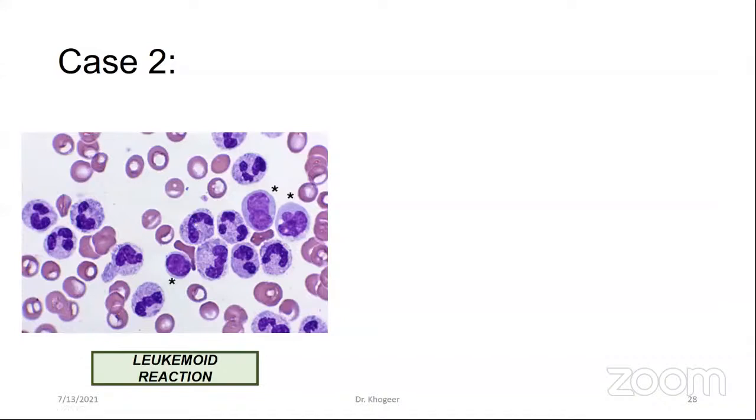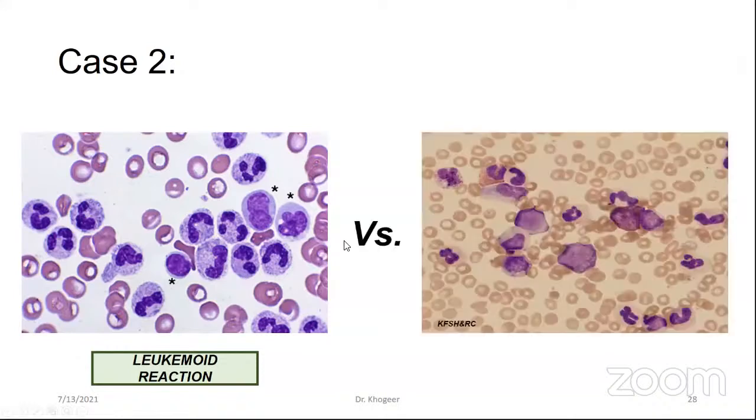Infection, trauma like burns, underlying cancer, especially when it shows a paraneoplastic reaction, and drugs like G-CSF may cause a leukemoid reaction. A leukemoid reaction may be confused with MPN, including CML, atypical CML, or even CNL, chronic neutrophilic leukemia. So how can we differentiate these?